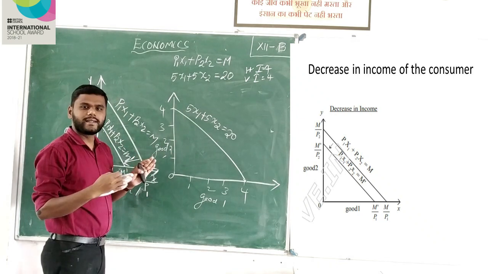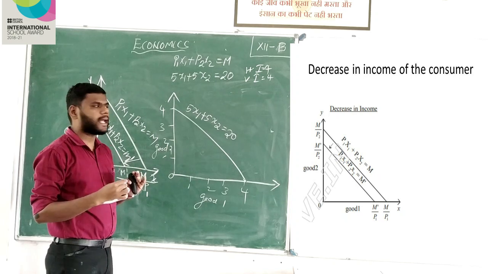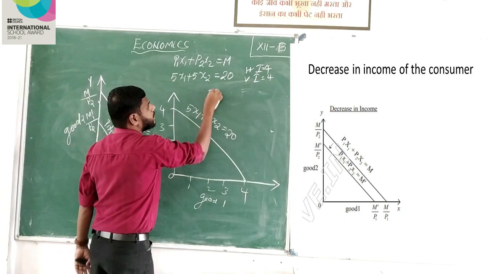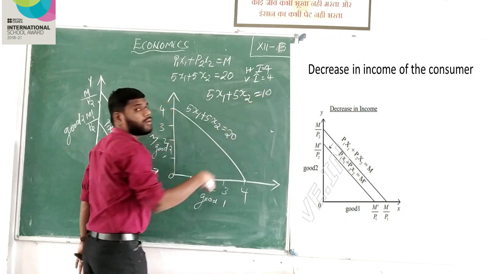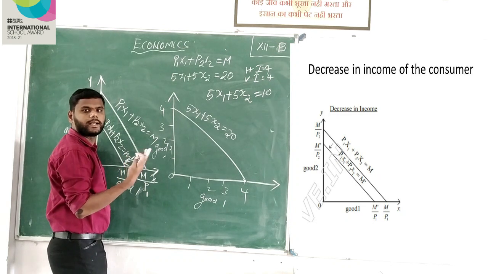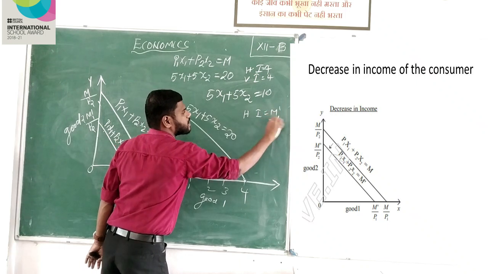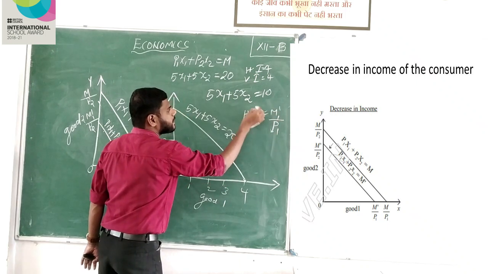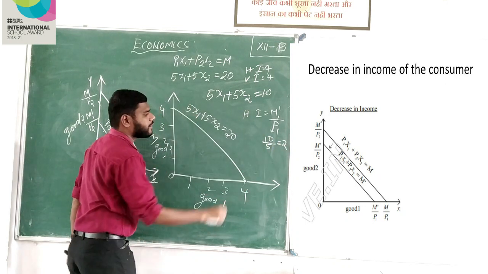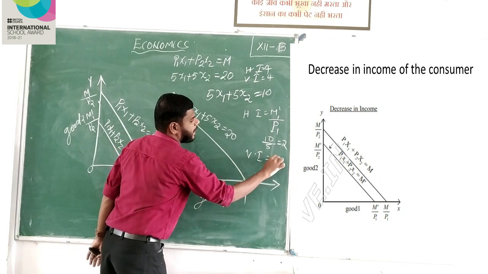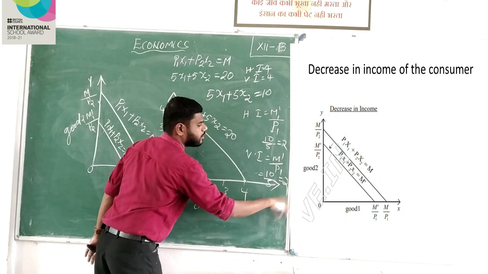Now, the income of the consumer decreases to 10. So, the new budget line is 5x1 plus 5x2 is equal to 10. Now, we can find the horizontal and vertical intercepts. The horizontal intercept is M1 dash divided by P1, that is 10 divided by 5, which is equal to 2, and the vertical intercept is M1 dash divided by P2, that is 10 divided by 5, which is also 2.